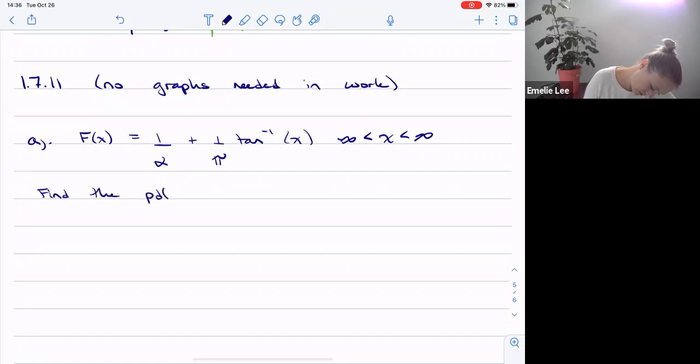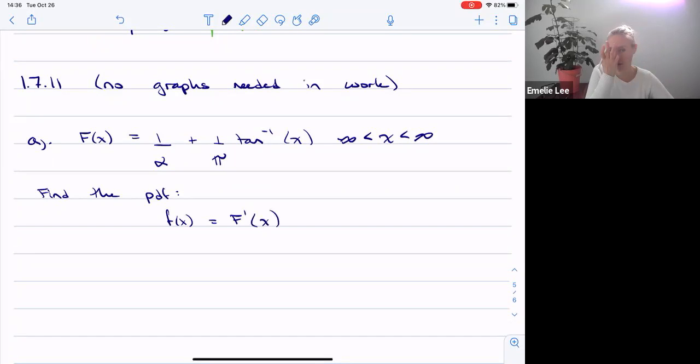Find the PDF. So what we need to remember is f of x is the derivative of the CDF. Okay, so the derivative of this with respect to x, right?